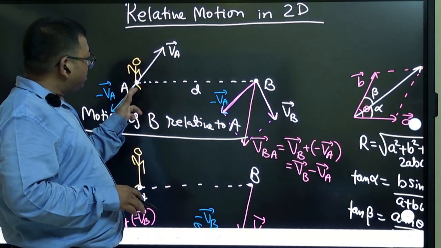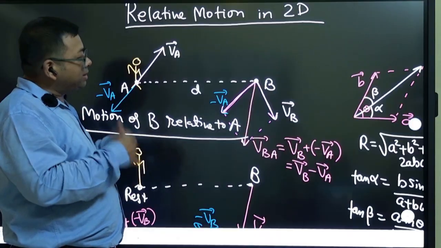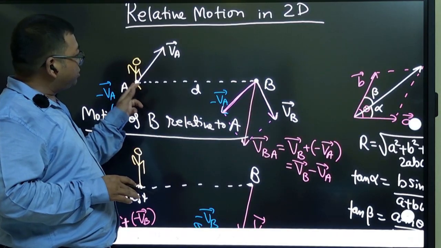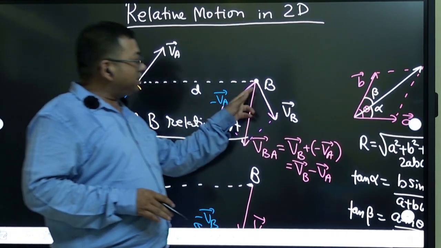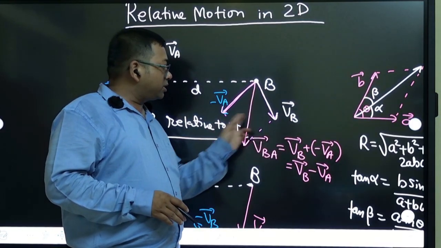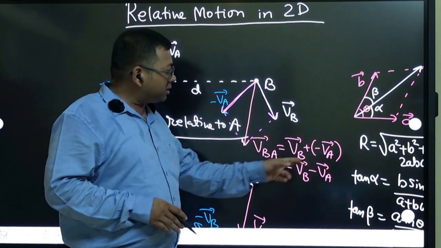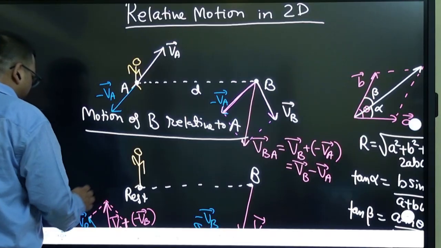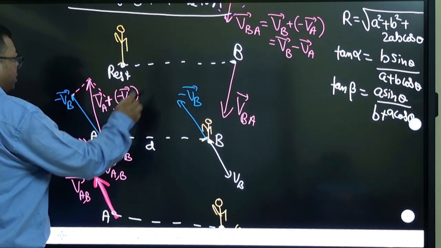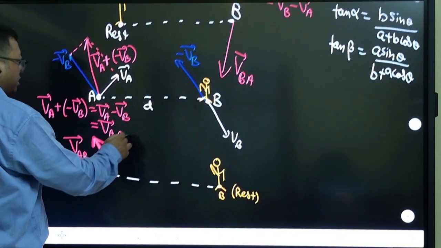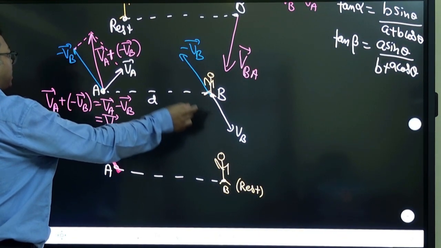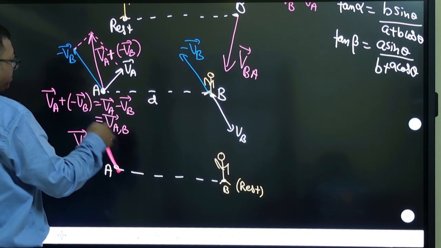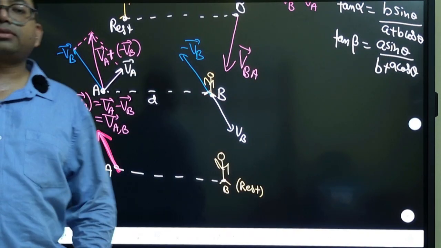The observer was at A, so he added minus VA to everything else. When he added minus VA to himself, he became at rest, and when he added minus VA to B, this became VB minus VA, that is VB relative to A. Similarly, when the observer is B, he adds minus VB to VA. So VA minus VB, that is what is VAB. Clear? That is what it is.